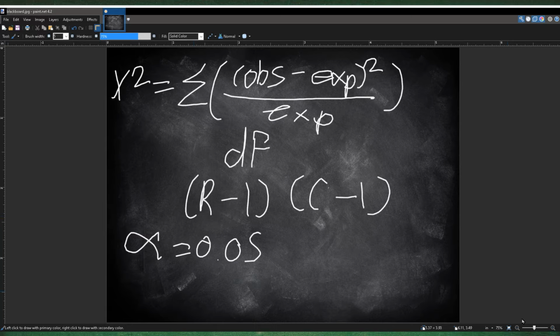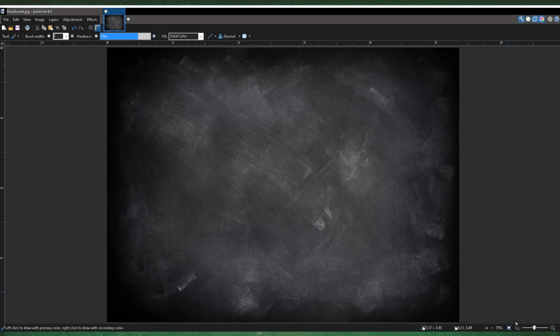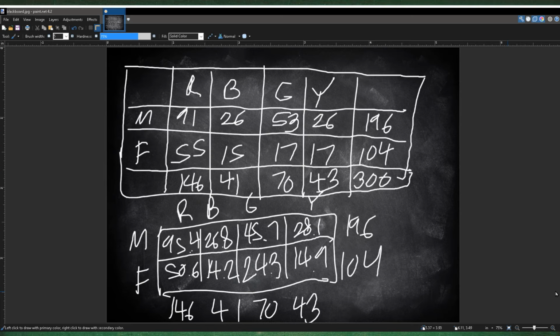So let's go back to our actual table, and we have to calculate everything. We have the observed minus the expected, square that and then divide by the expected. So we have the 91 minus the 95.4, squared, divided by 95.4, plus the 26 minus 26.8 squared, divided by 26.8. And you do this for all 8, so it's kind of tedious.